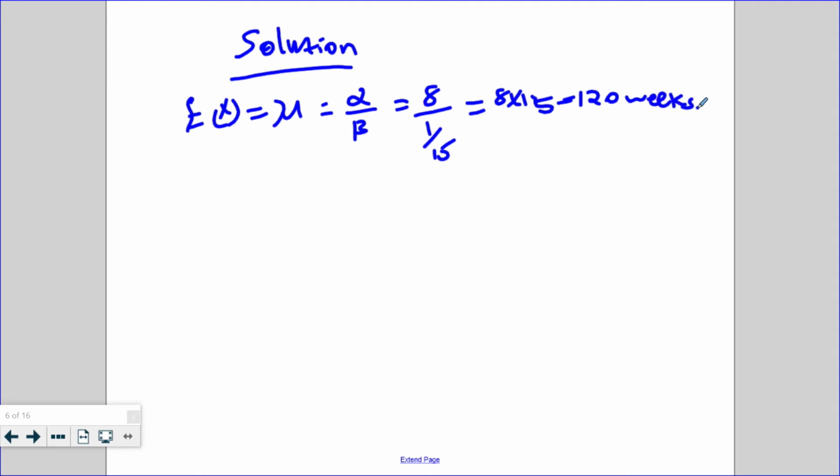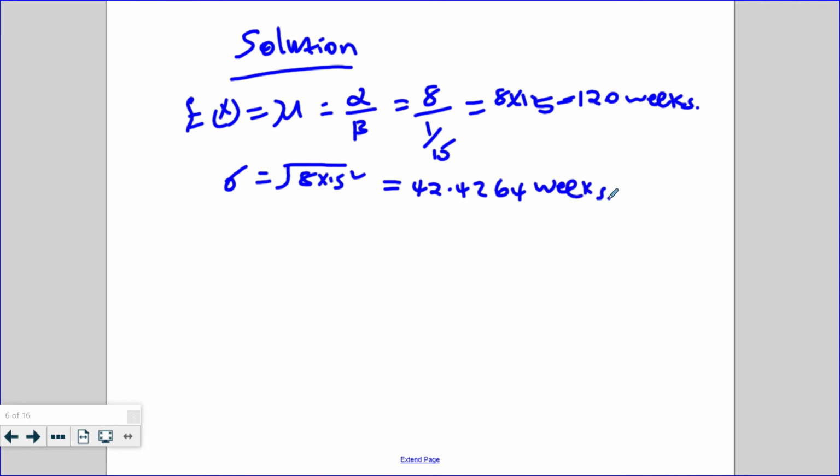Let us go to the other part, the standard deviation. We obtain that by the square root of 8 times 15 squared, which will give us 42.4264 weeks.